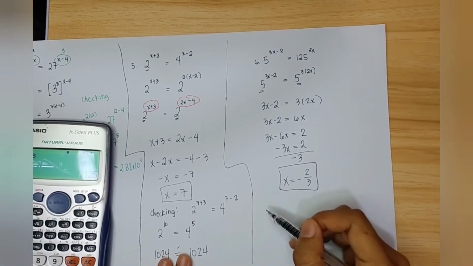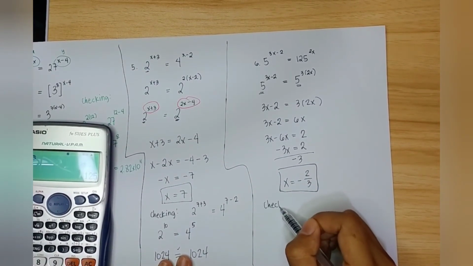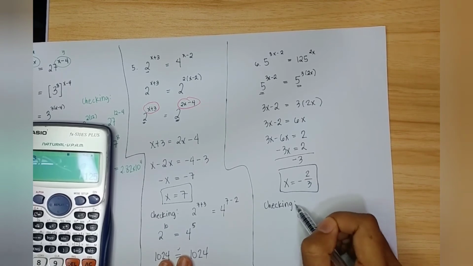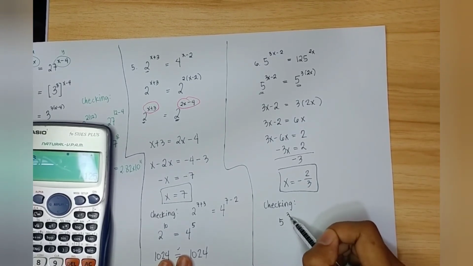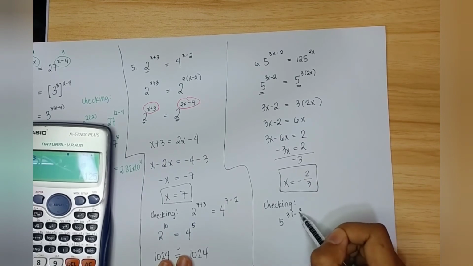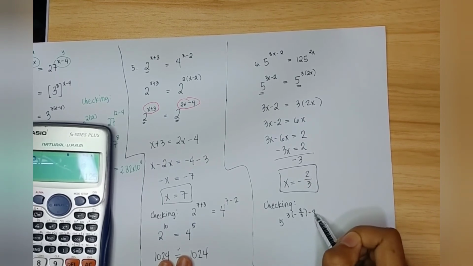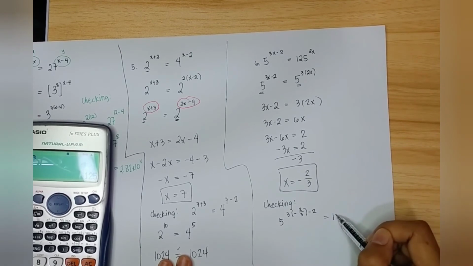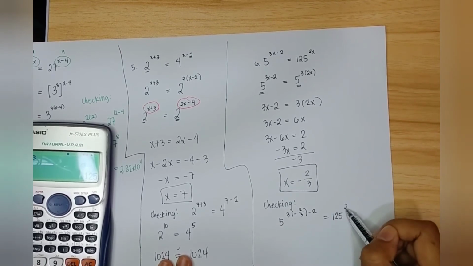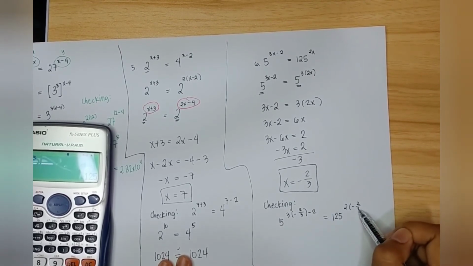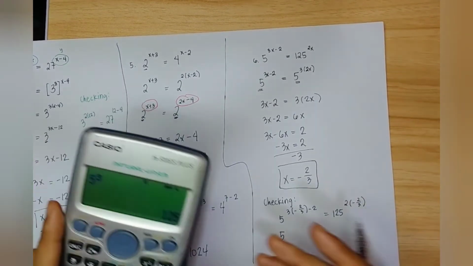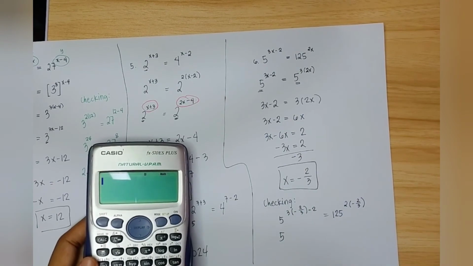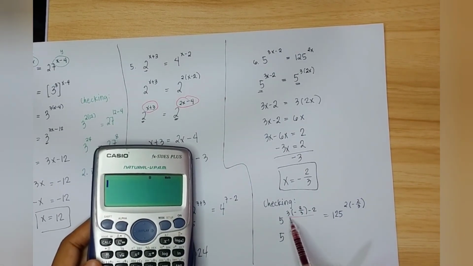Okay, checking tayo. So, we have 5 raised to the power of 3 times negative 2 thirds minus 2 is equal to 125 raised to the power of 2 times negative 2 thirds. Okay, solve natin ito sa exponent.